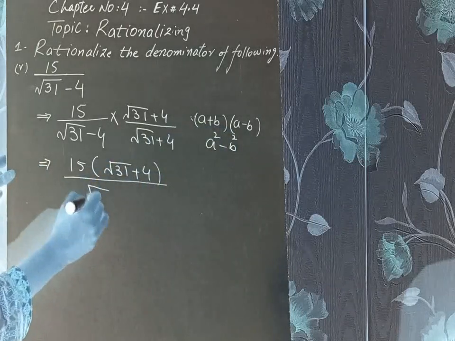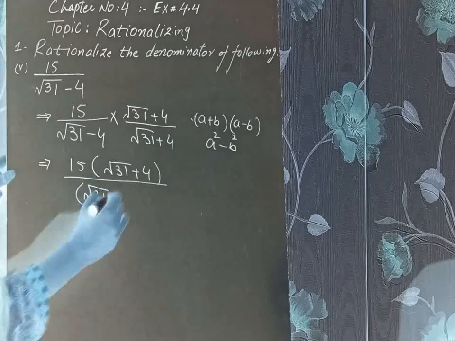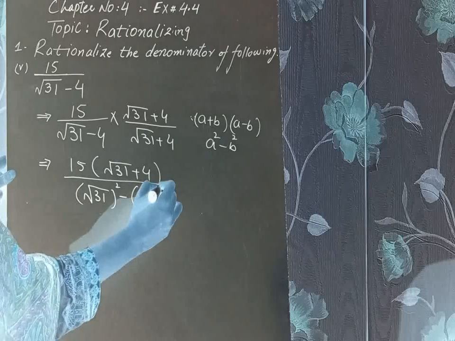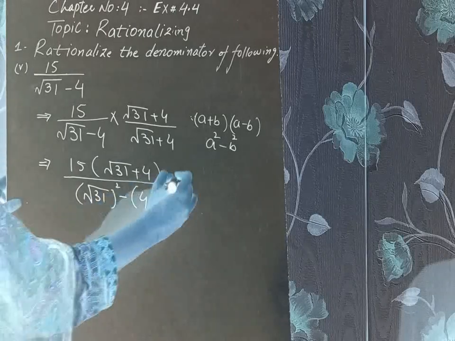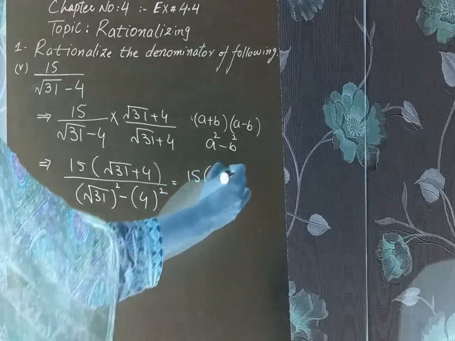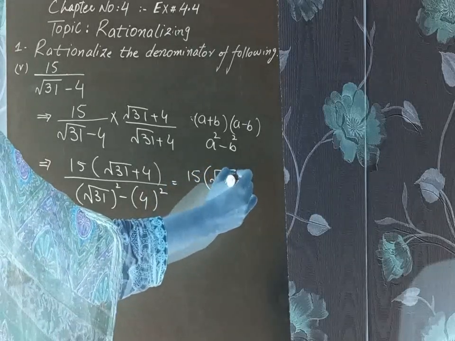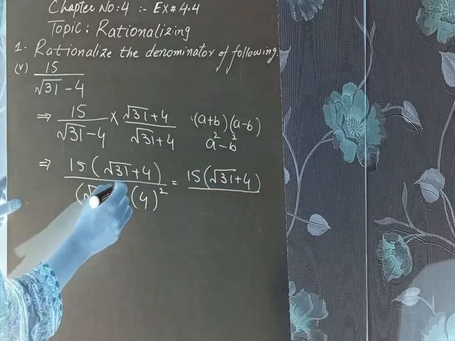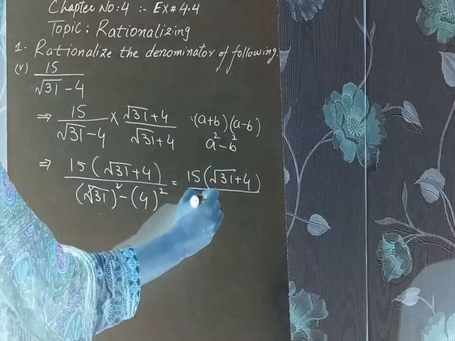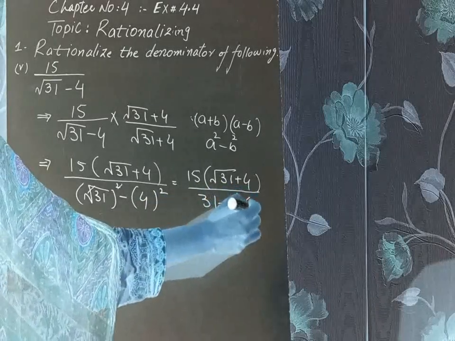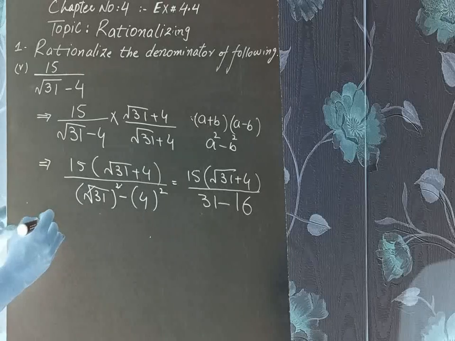So a is here under root 31 and b is here 4. Now we'll simplify this. 15 under root 31 plus 4, divided by this root will be cancelled by the square. Now this is 31 minus the square of 4, which is 16.